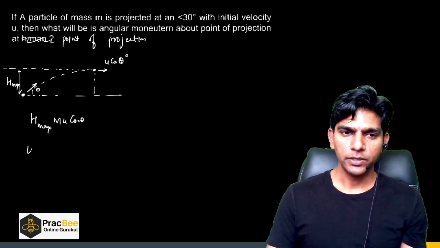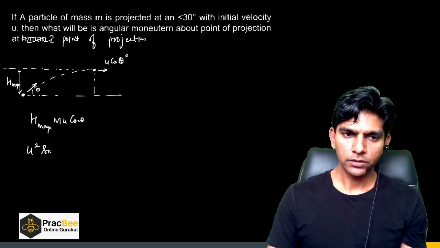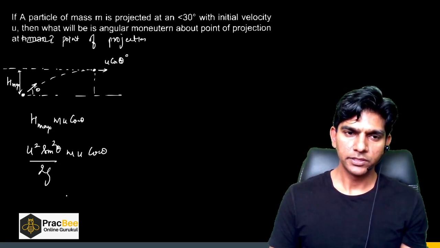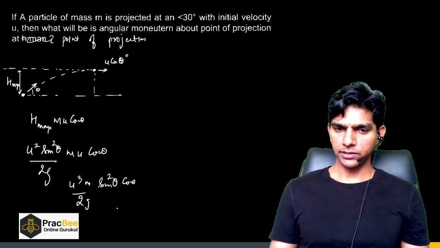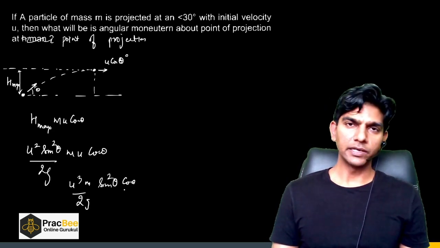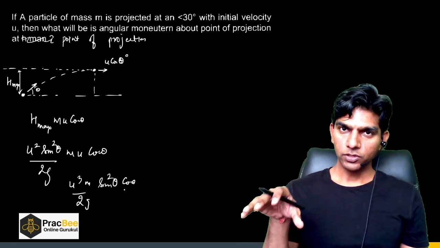Now h max will be u square sine square theta by 2g. So this will be u cube m by 2g, sine square theta cos theta. Suppose this theta is given as 30, then we can substitute the value of theta and we'll get the answer. And it is into the plane, right?